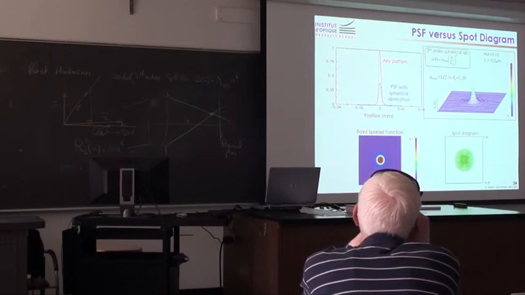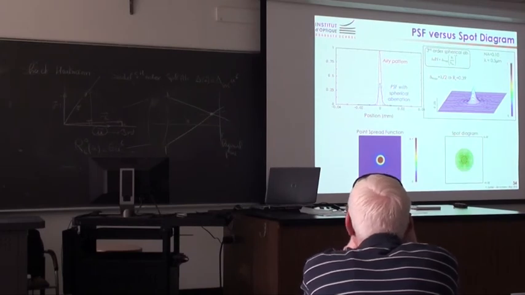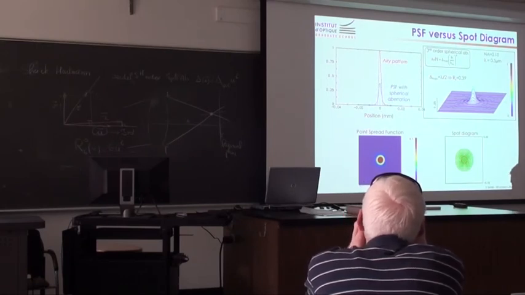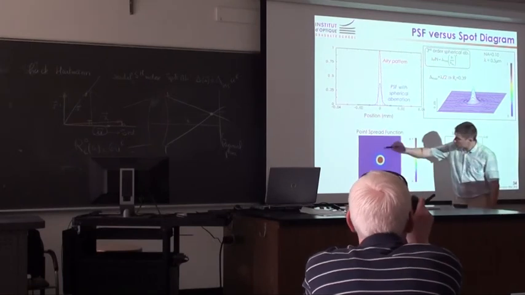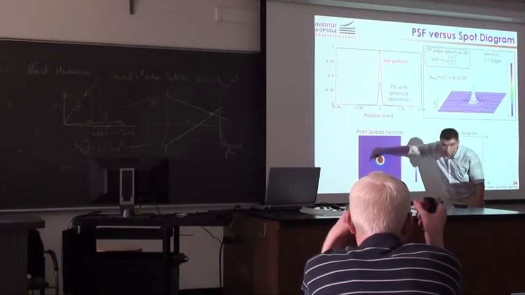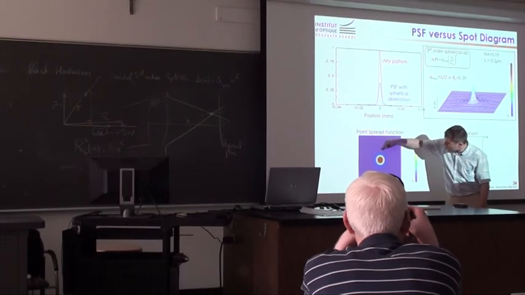This is the spot diagram. This is the point spread function that you would calculate, that you do calculate by Fourier transform. Well, does it look about the same size? The answer is yes. I mean, you can't see very well because the contrast is not good enough, but there is a small halo here.